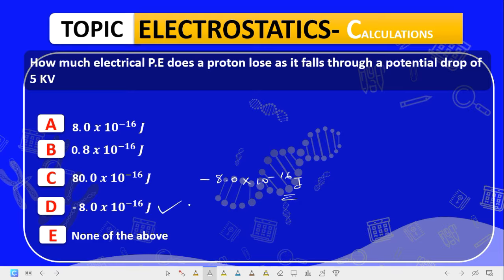We should go with the negative value. Why? Because it went through a potential drop of 5 kilovolts. Okay, so that is that for that particular one.